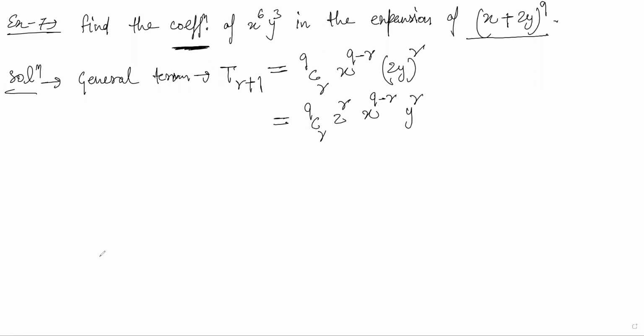Now let's first understand the difference between coefficient and binomial coefficient. If I ask you the coefficient, the answer will include 9CR as well as 2 to the power r. This is the coefficient. But if I ask you the binomial coefficient, it will simply be 9CR.